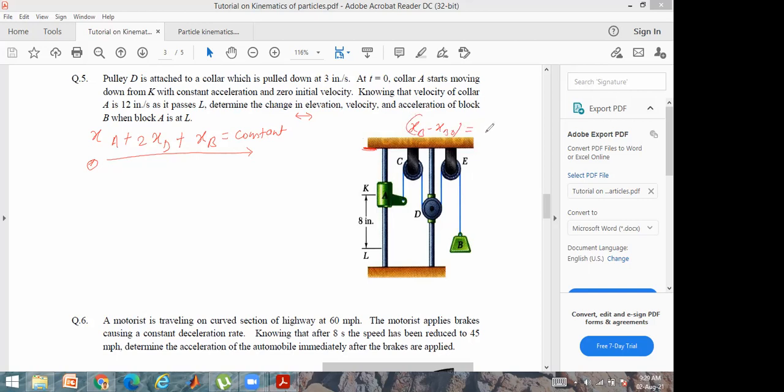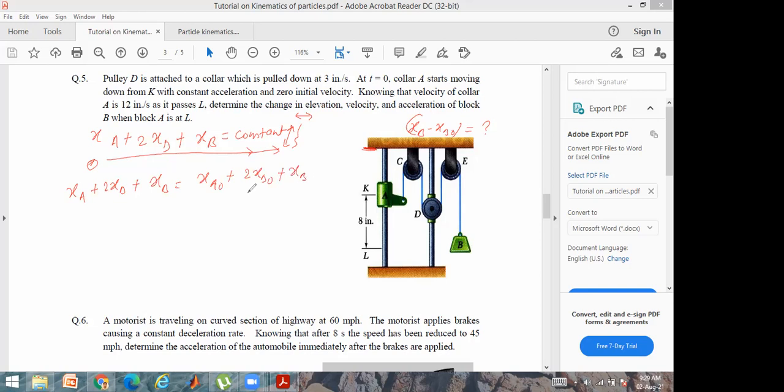So I can write xA + 2xD + xB is a constant, I'll leave it as it is for now. Or I can write xA + 2xD + xB equals xA naught, the initial position, plus 2xD naught plus xB naught.